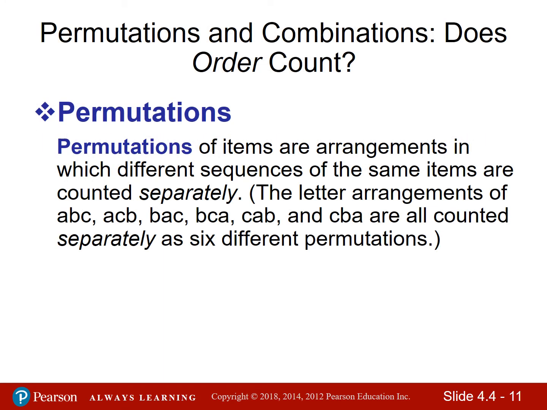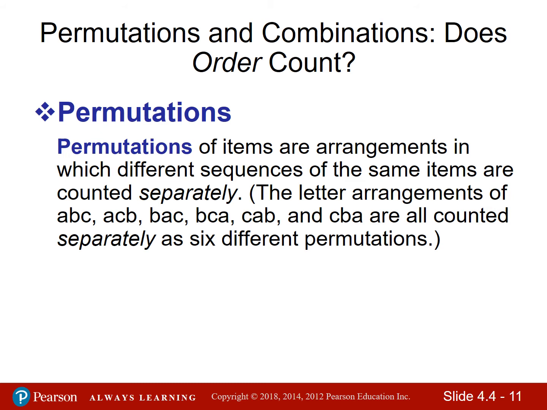Now we can talk about permutation. Permutations are arrangements of items in which different sequences of the same items are counted separately. So this means order matters. We're talking about the sequence.